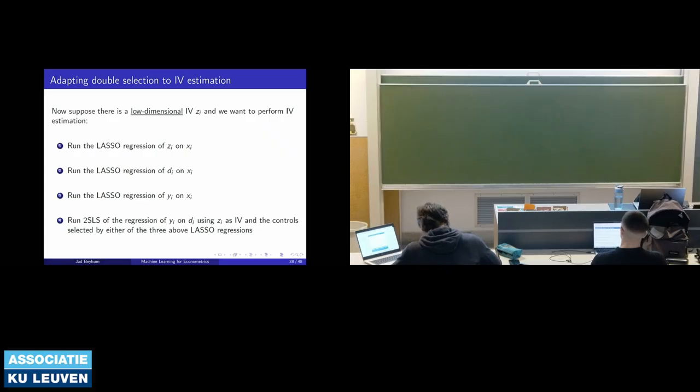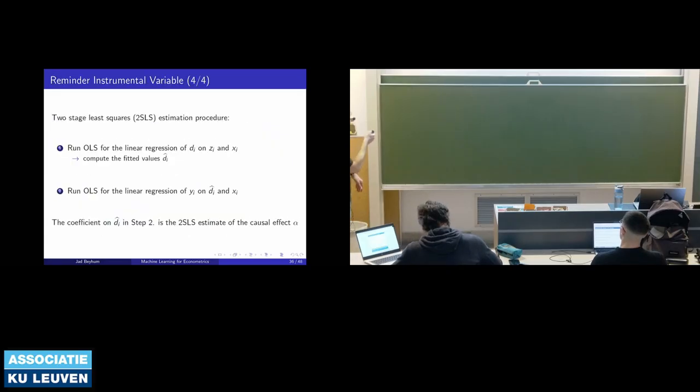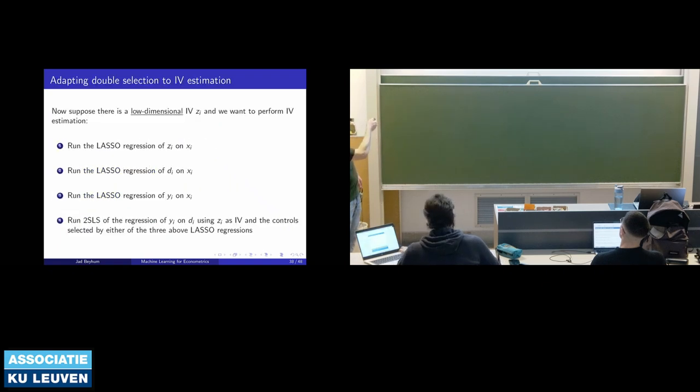This fourth step corresponds to the 2SLS. In the first stage, you first run an OLS of the linear regression of DI on ZI and XI, where XI are the controls selected in any of the first 3 steps. Then you have fitted values there. Does that answer your question? I think so, but you're not taking any variation out of ZI. No, not at all.